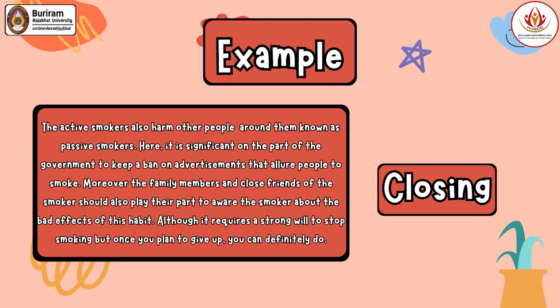Moreover, the family members and close friends of the smoker should also play their part to make the smoker aware of the bad effects of this habit. Although it requires a strong will to stop smoking, once you plan to give up, you can definitely do it. This is the closing of our informative speech.